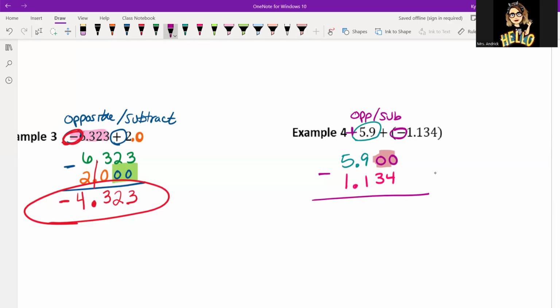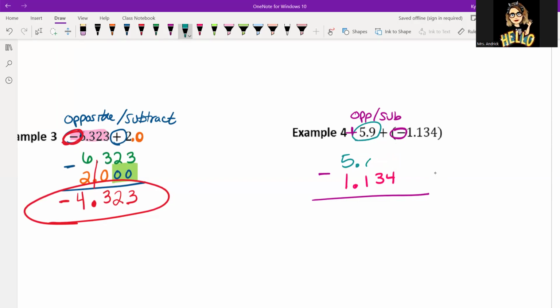Okay. I can't subtract 0 minus 4, so I'd have to borrow, but I can't borrow from 0. So I really have to borrow from this 9. It becomes an 8. This became a 10, but remember we borrowed from it, so it's actually a 9, and this 0 becomes a 10. Let me say all of that one more time.